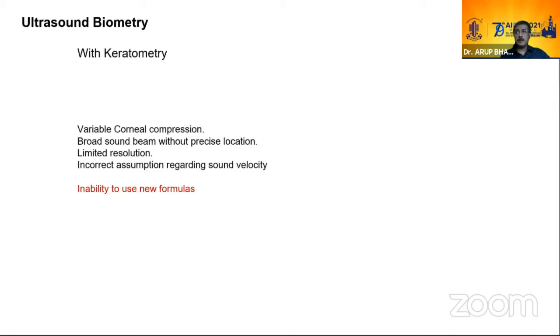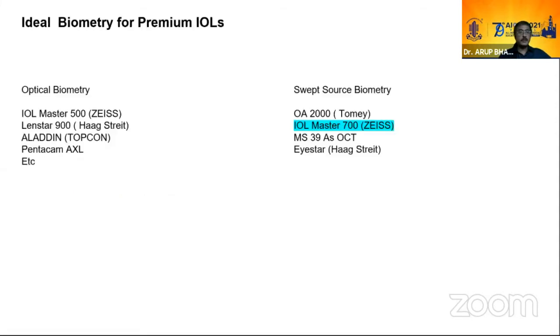So there is always variability in the axial length, and studies show that most wrong biometry is due to axial length when we use ultrasound biometry. So now we are using optical biometry.